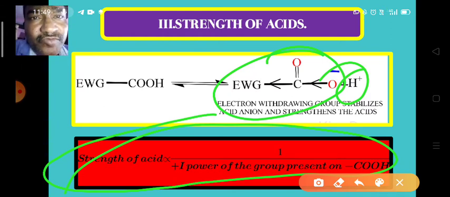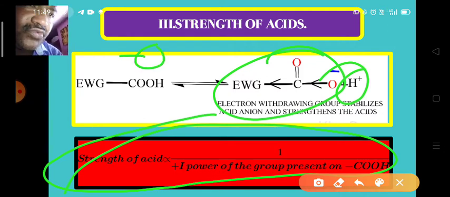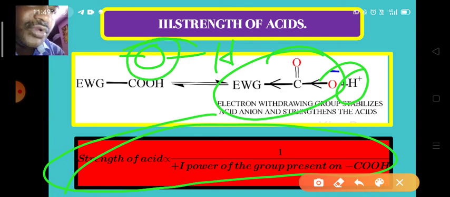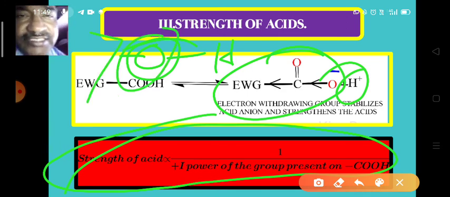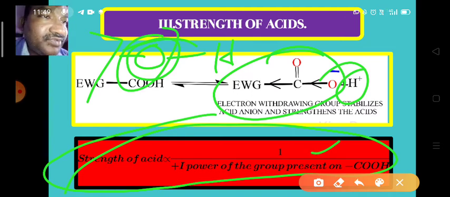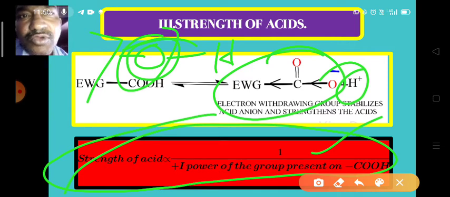So the groups which withdraw electron density from the oxygen of the OH group increase the acidic strength, and the groups which push the electrons onto the oxygen decrease the acidic strength of the carboxylic acids. So that's why we can write that strength of the acid is inversely proportional to the plus I power of the groups attached to the carboxylic acid.